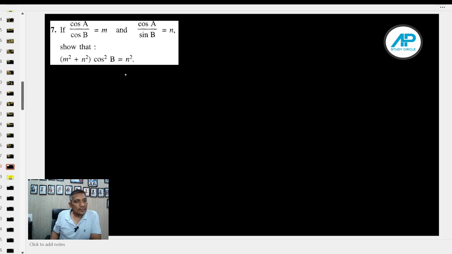Question number 7. I need to have m square plus n square cos square b equals to n square. So I should replace the value right away.